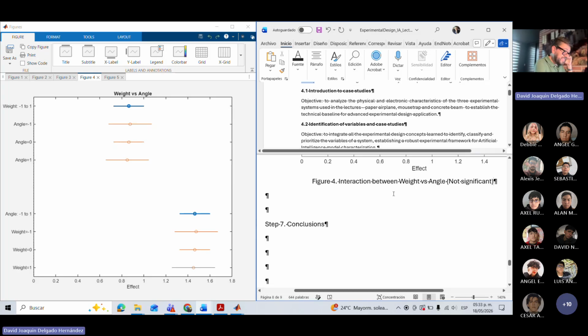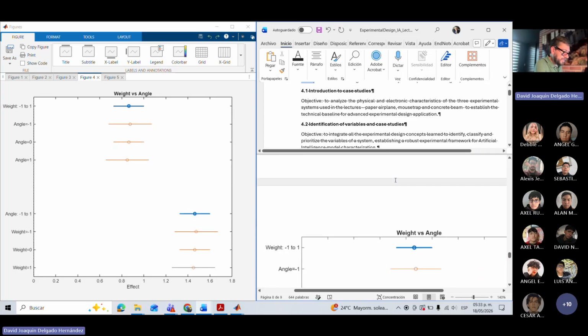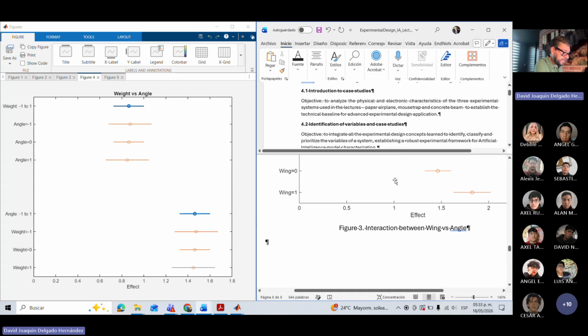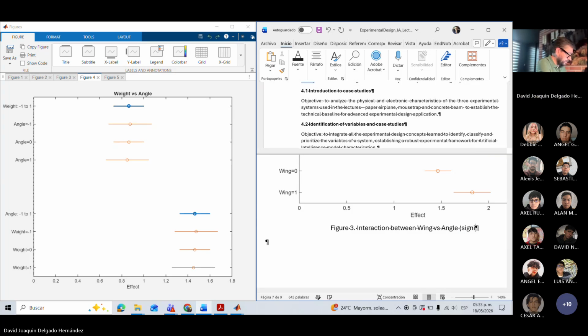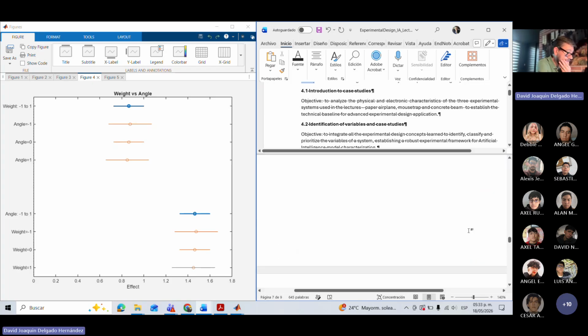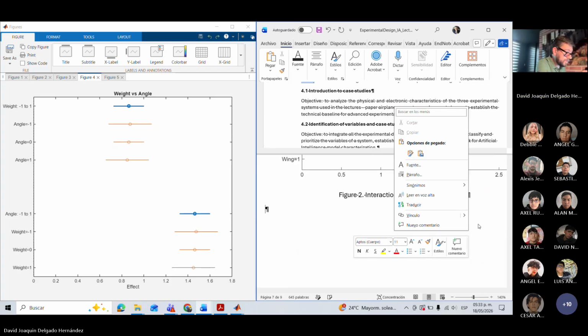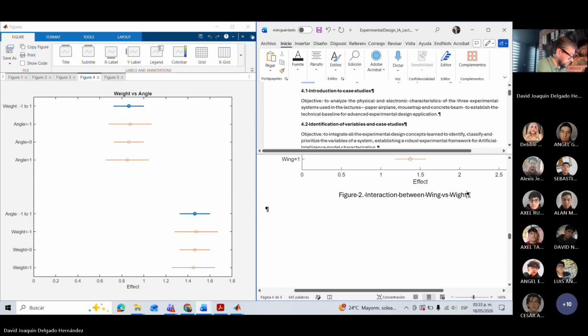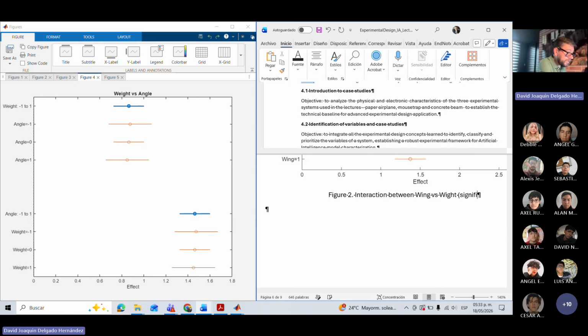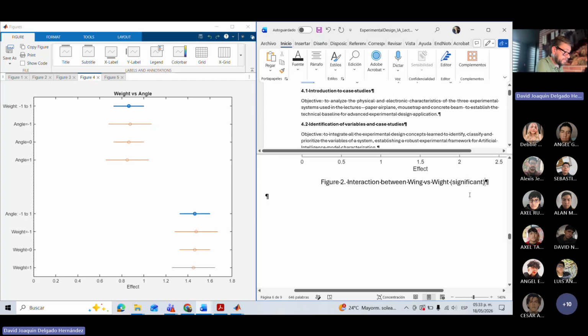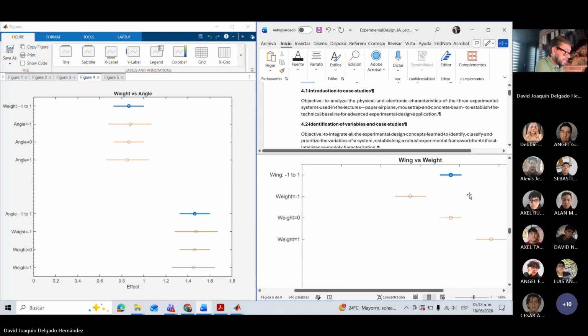So let us put in the others that they are significant. These are significant, significant. These are significant. And the other is as well significant here. Significant. Okay.